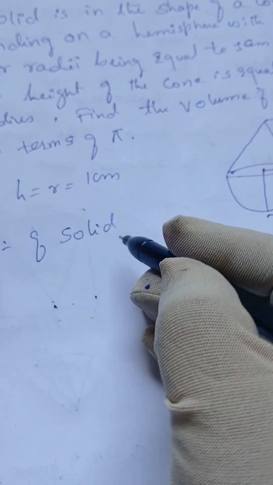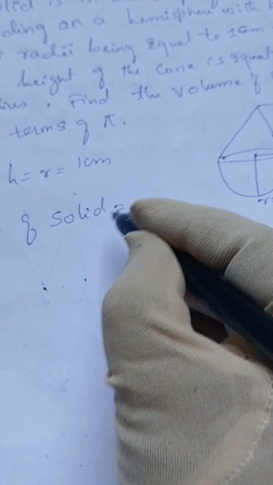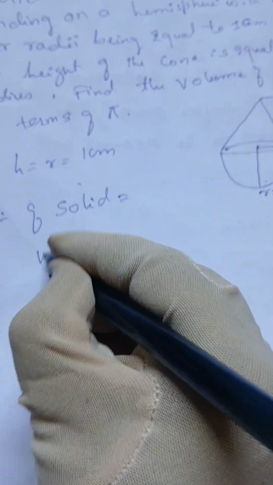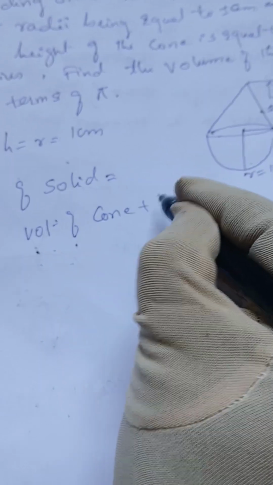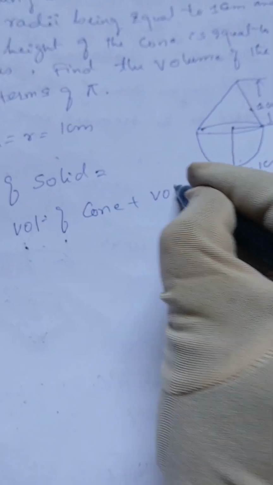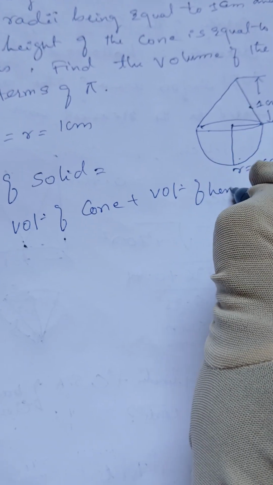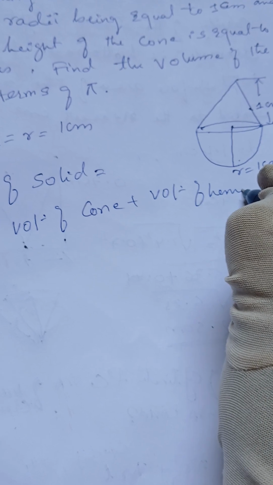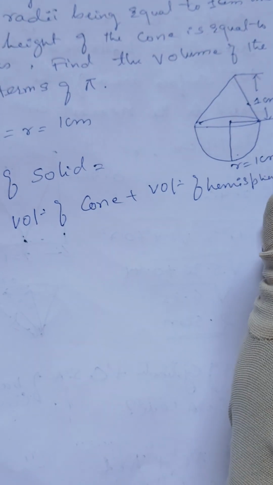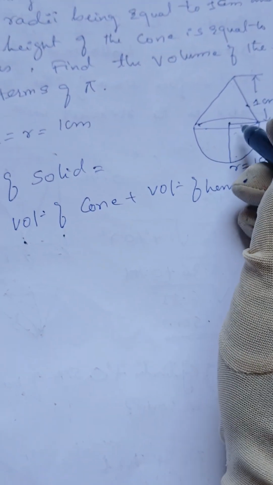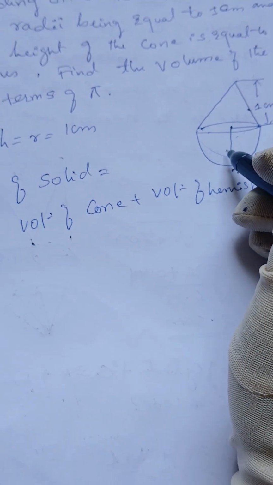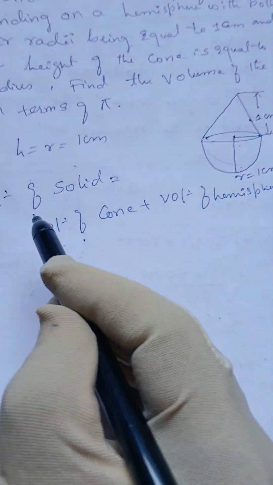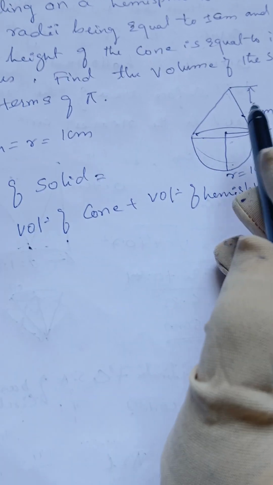The volume of the solid is equal to volume of cone plus volume of hemisphere. This together forms the total volume, the total capacity of the given solid. So we will split it like this.